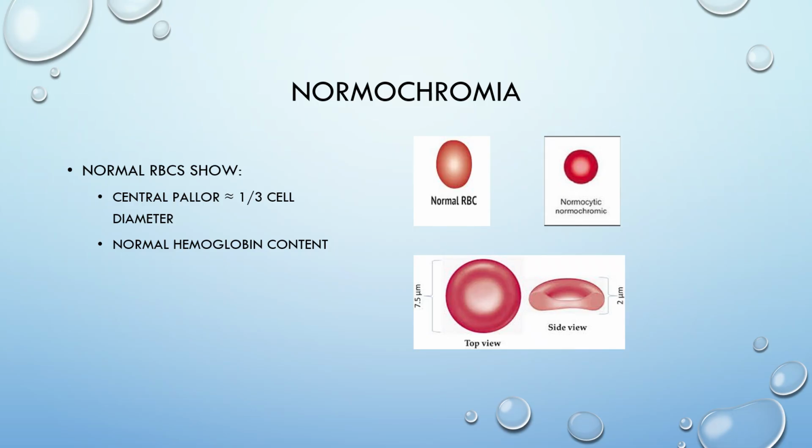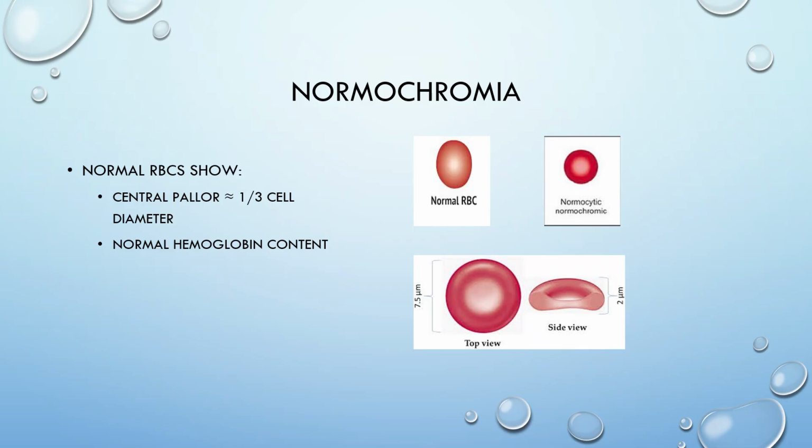When red blood cells are both normocytic and normochromic, it means the cells are generally normal in both size and hemoglobin content. From a laboratory perspective, this is what we expect to see in a healthy red blood cell population. Of course, even when red blood cells appear morphologically normal, the patient may still have anemia if the total number of circulating red blood cells or hemoglobin concentration is reduced.